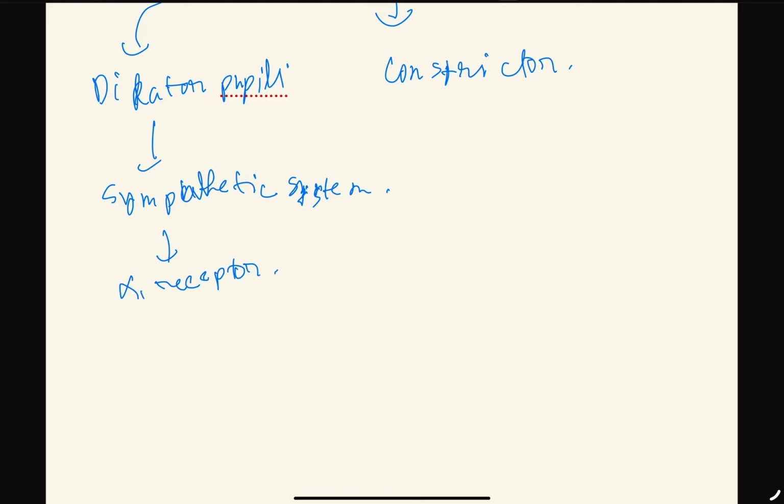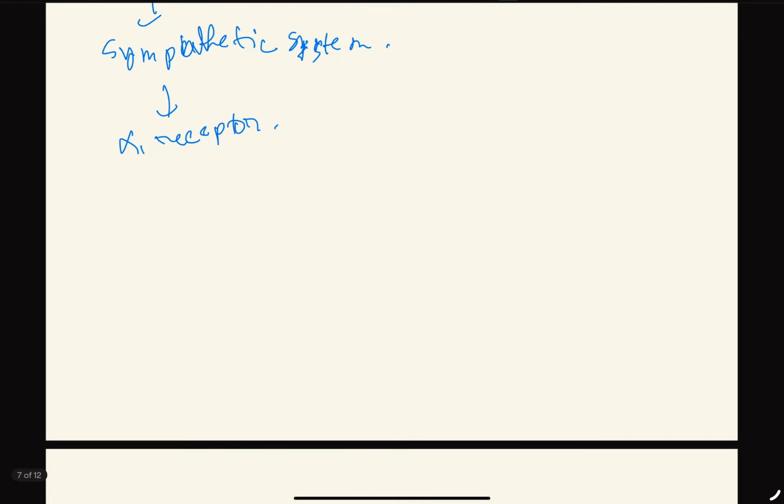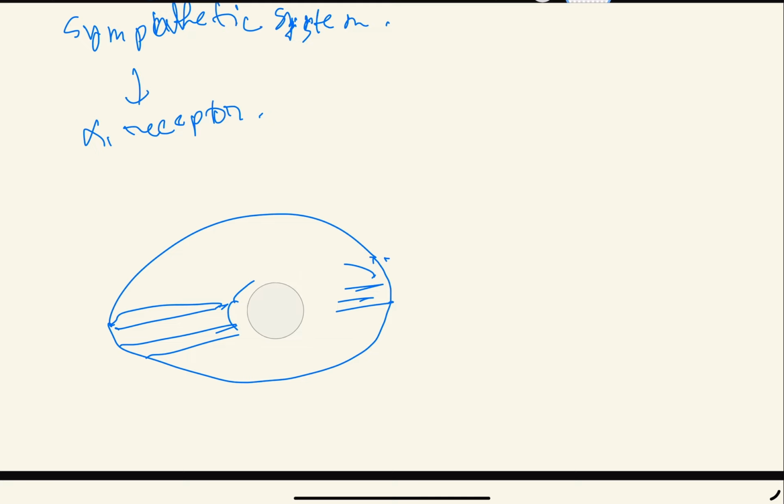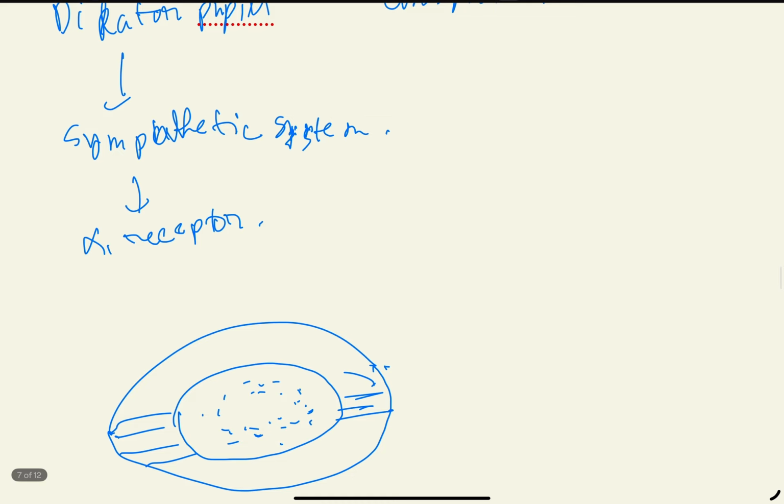When the sympathetic system gets activated, the dilator pupillae contracts, and when it contracts, the pupil gets larger, so that more light can enter through the pupil and you can have a clear vision, which is needed for you to run.